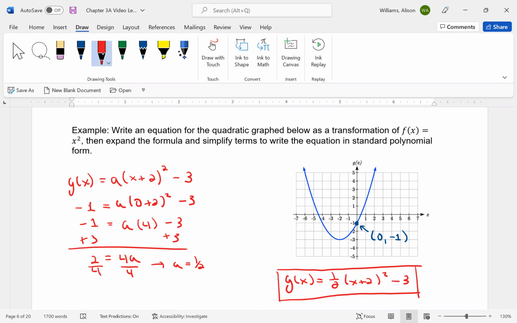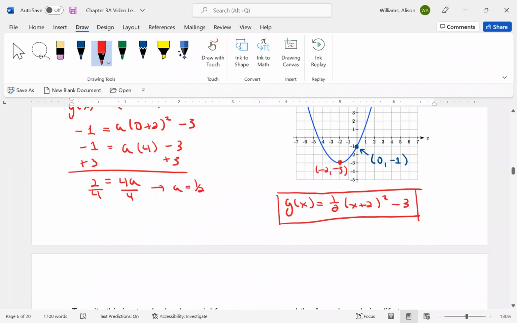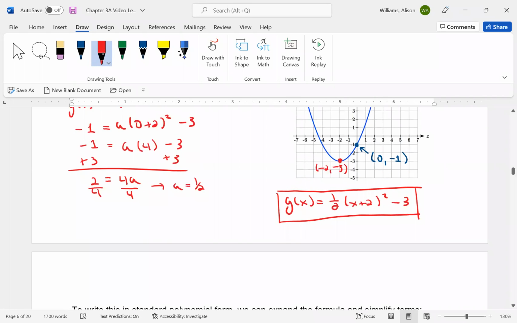Now, I want to connect this to the vertex. And that vertex, like I said, is the turning point on the graph. I see that the vertex occurs at the ordered pair -2, -3. All right, so let's connect that to the equation we just had right here. I see a -3 right there.